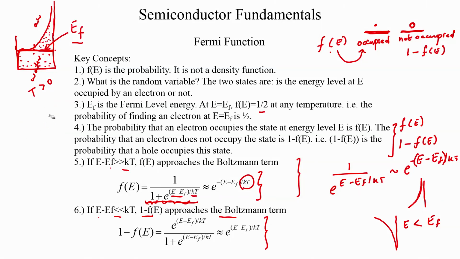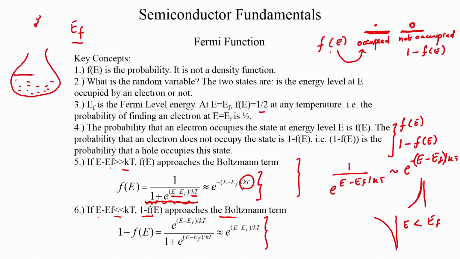Now, if this is the Fermi level, then what do you mean by the density of states with regards to this water bucket analogy? The best parallel to the density of states is the shape of the bucket. If you have a bucket that is shaped like that, you have a different density of states distribution, and the water molecules need to fill all these states, and the Fermi level sets itself at some particular point.